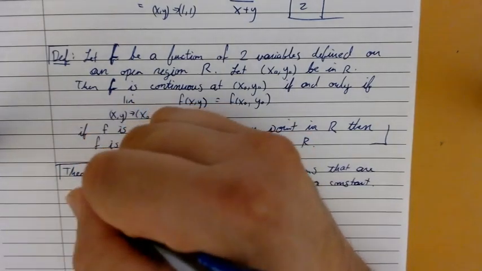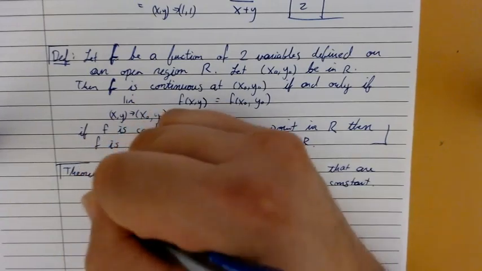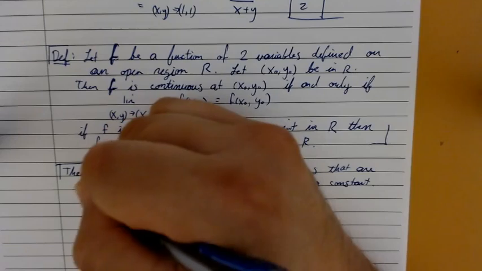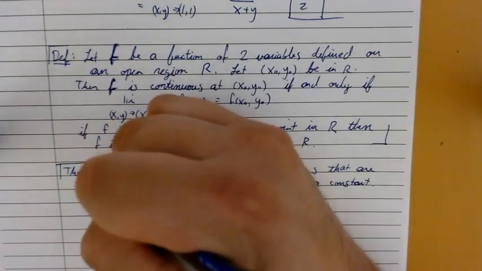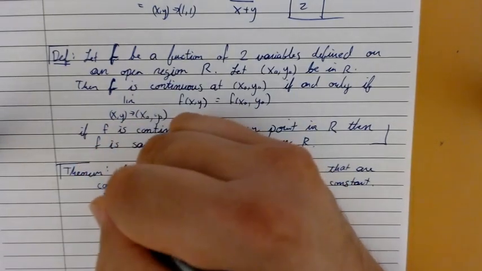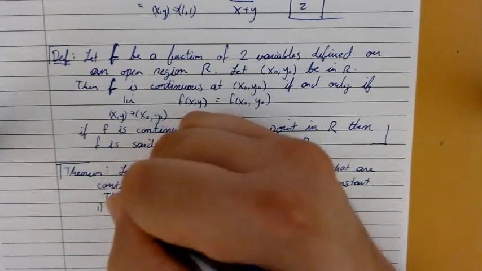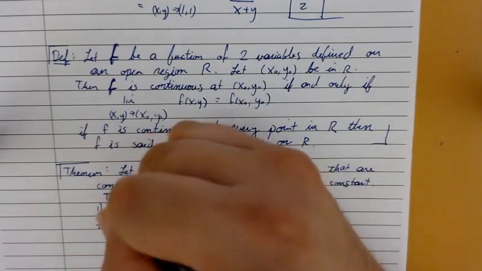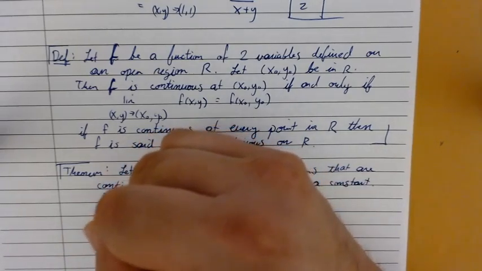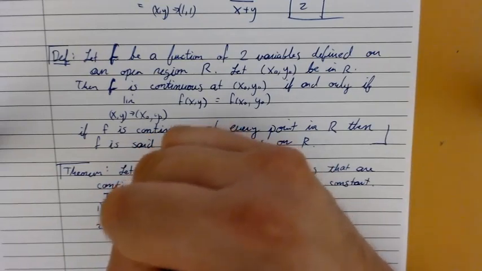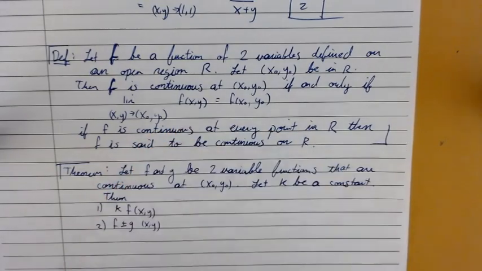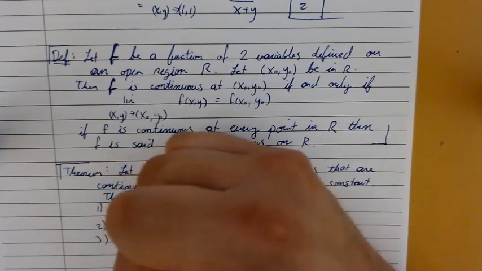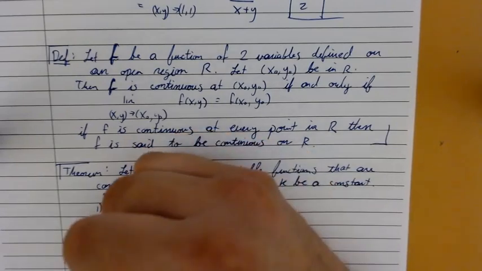Then the following statements are true. 1. k times f of x, y. 2. f plus or minus g of x, y. 3. f times g of x, y.